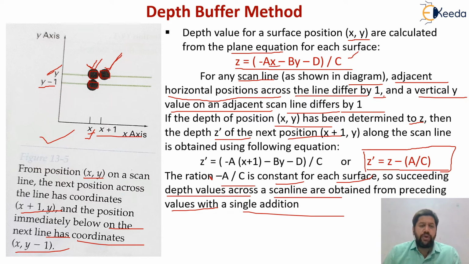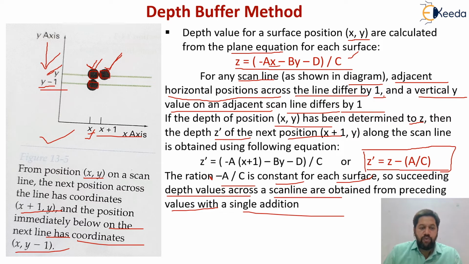I'm showing this diagram to explain how we are going to process one by one. On my scan line I keep considering x and x plus 1. For y I am moving from top to bottom, so I consider y, then y minus 1.